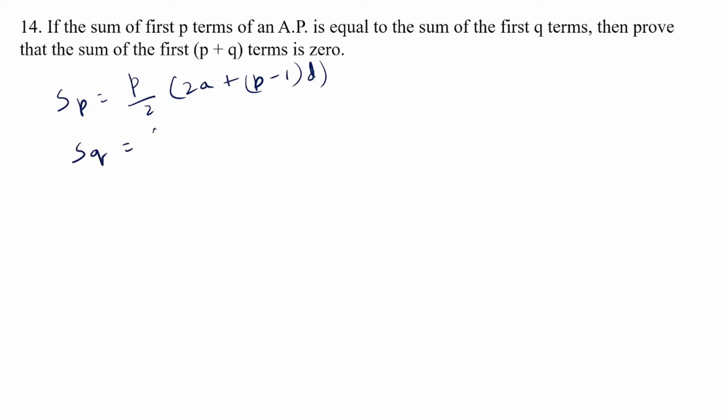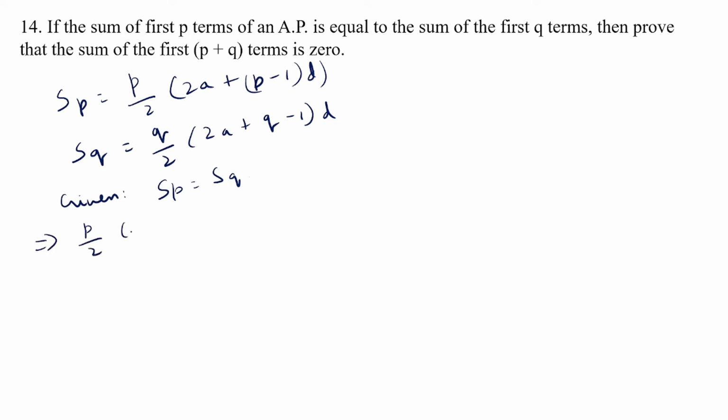Sq is equal to q by 2 into (2a plus (q minus 1) into d). So here it is given Sp is equal to Sq. So it means p by 2 into (2a plus (p minus 1) into d) is equal to q by 2 into (2a plus (q minus 1) into d).